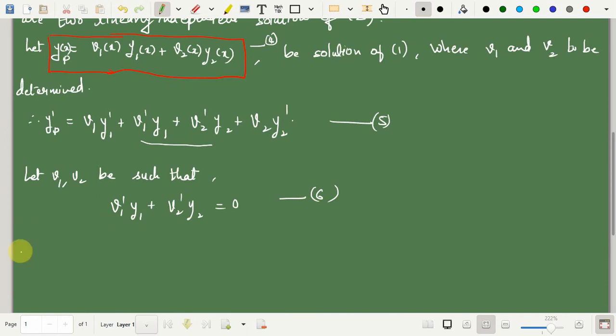So we have this, and therefore from 5, yp prime is the same as v1 y1 prime plus v2 y2 prime. I'll denote this as equation 7, and from here one can find its second derivative.